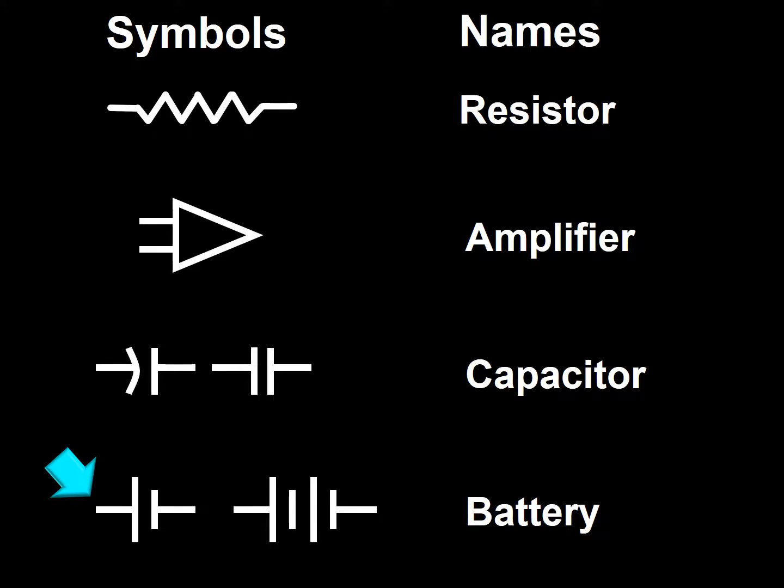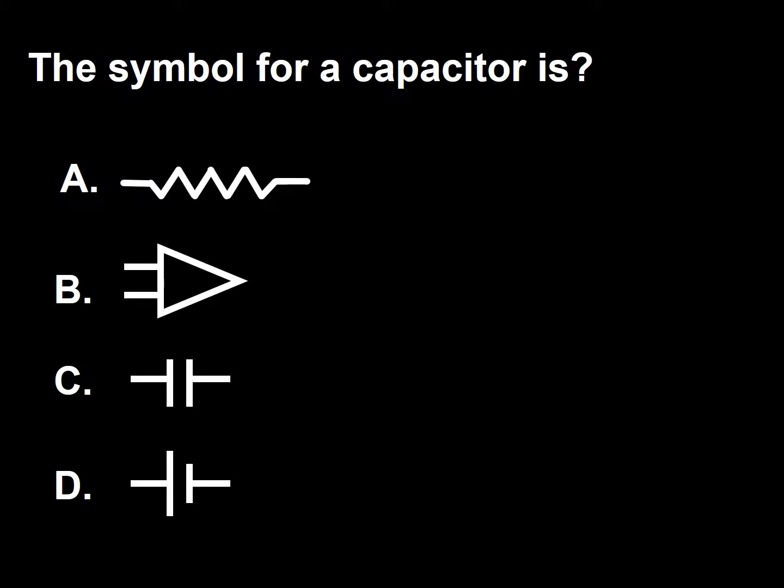And the last symbol in this frame is the battery. The battery is usually represented by two lines, one longer than the other, or by a repetition of the two unequal lines. So the answer to this question is C.